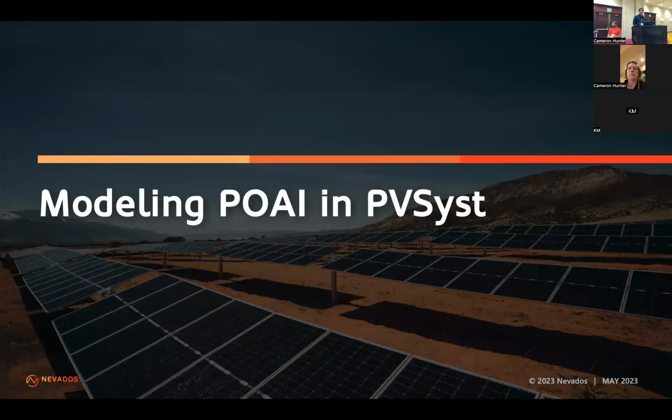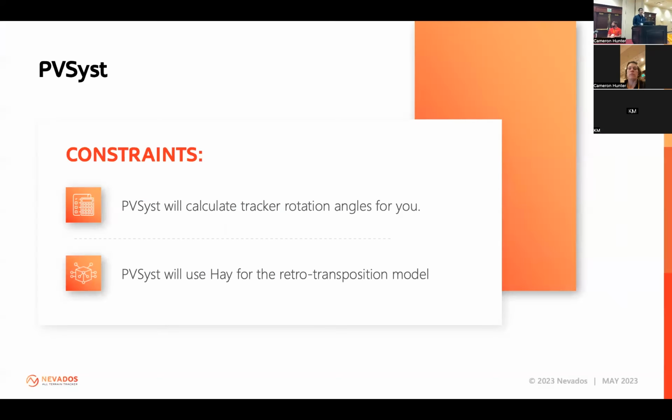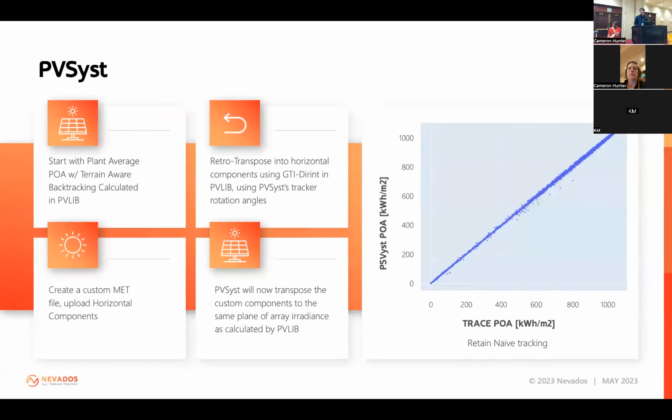So how would you do this in PVsyst? There are a couple of constraints in PVsyst. PVsyst will calculate your tracker rotation angles for you, and PVsyst will use Perez for the retro-transposition model. So basically we started with the terrain-aware POAI calculated from pvlib, the weighted average across all of the thousands and thousands of bays.